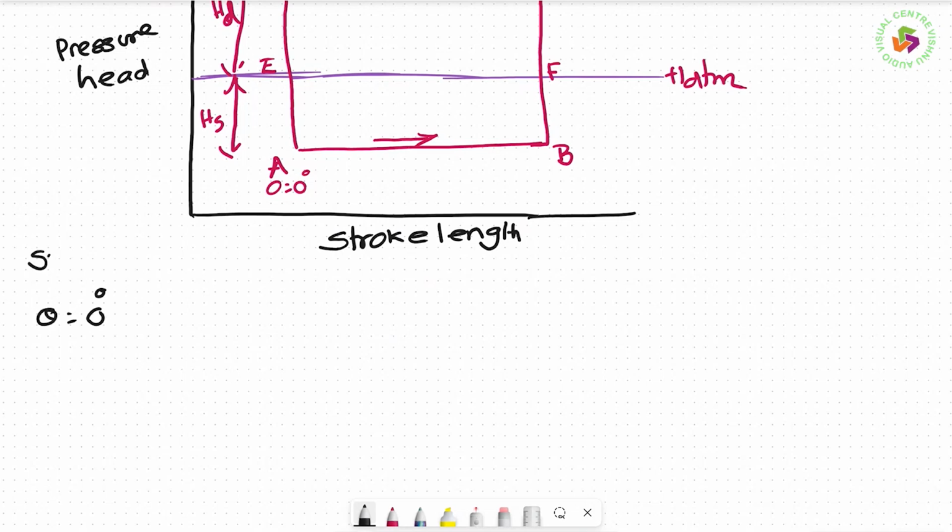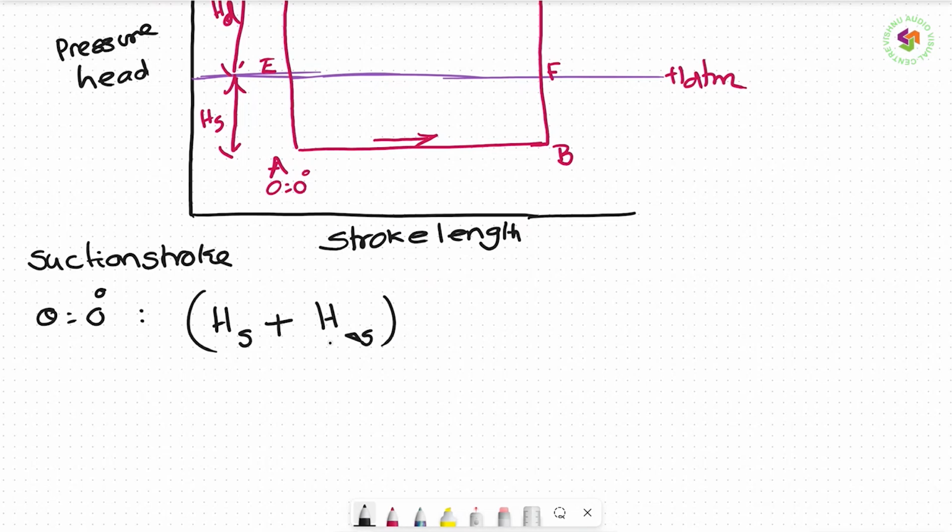That means during the suction stroke, in addition to the suction pressure head, there is an additional acceleration pressure head.